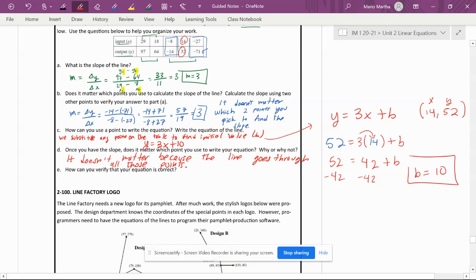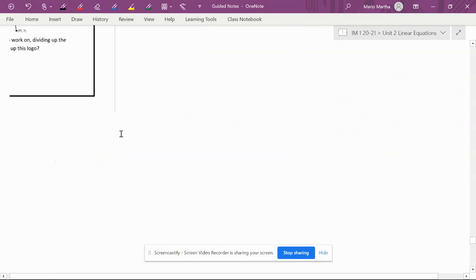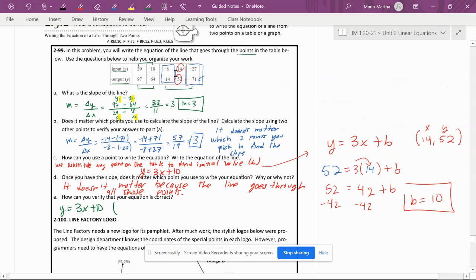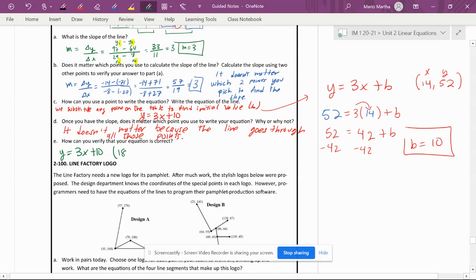And then lastly, question E: how can you verify the equation is correct? You can pick any point on the line. Here we're going to say y equals 3x plus 10, and then we're going to use a point. It's personal choice, so let's use 18 comma 64.